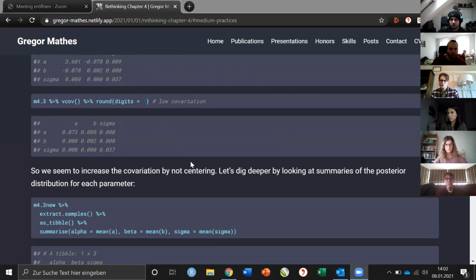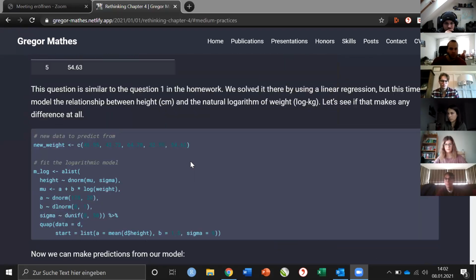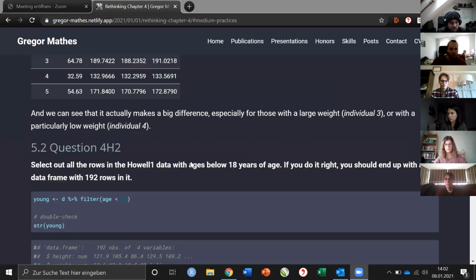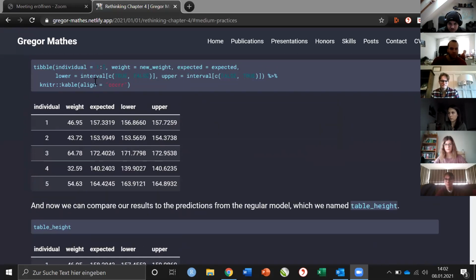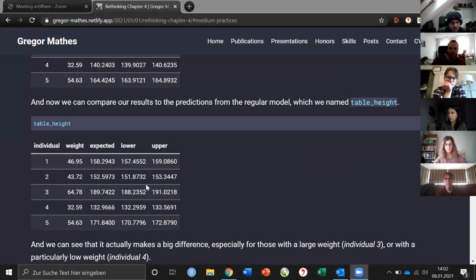Cool. I will grant you screen sharing rights then. It's not a plot, but just comparing the both tables. So this is the model with the logarithm, and this is the one without.